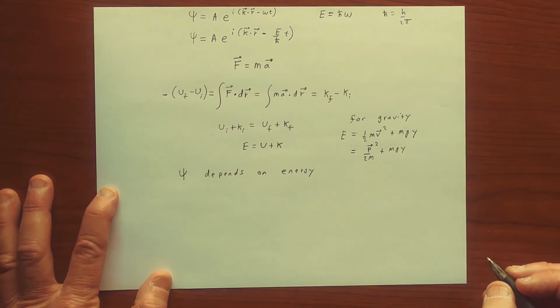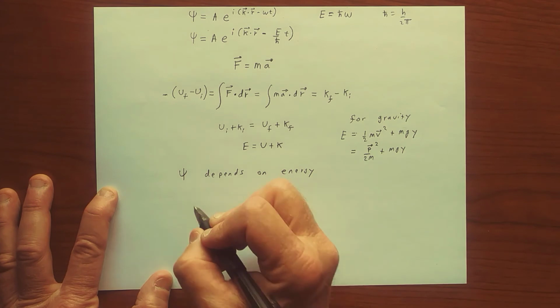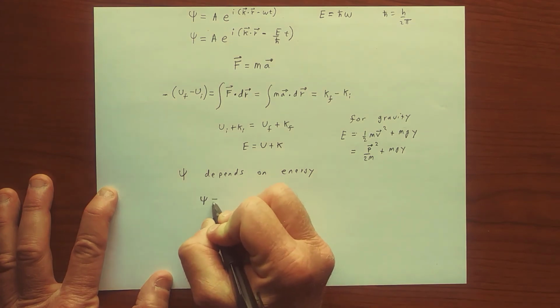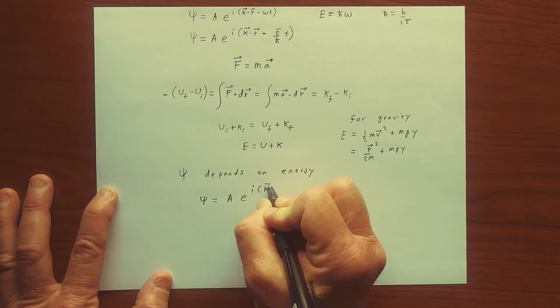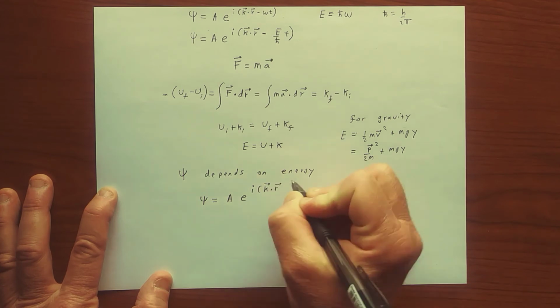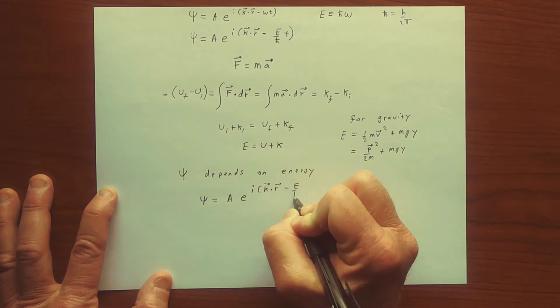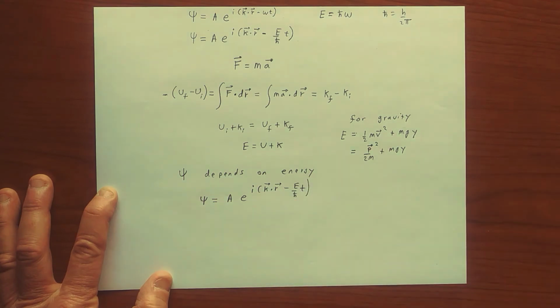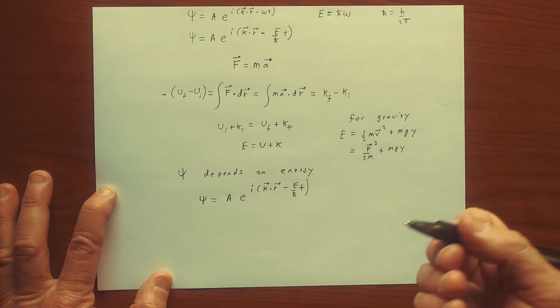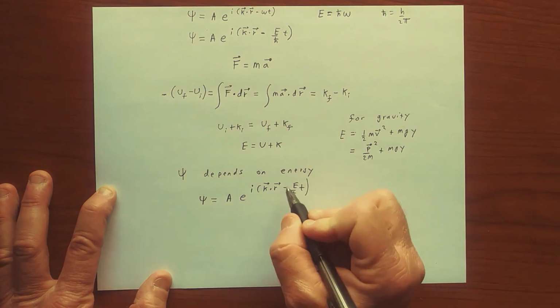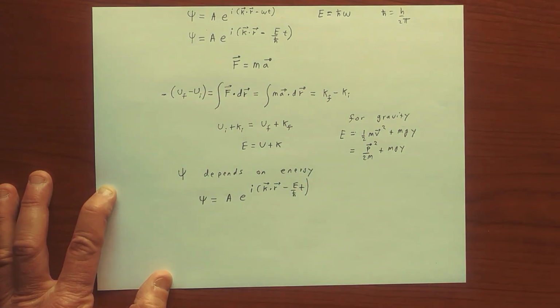Well, how does it do that? Let's again write down that psi is equal to A e to the i times (kr minus E over h bar t). And so we can figure out how to get the energy out of this object.